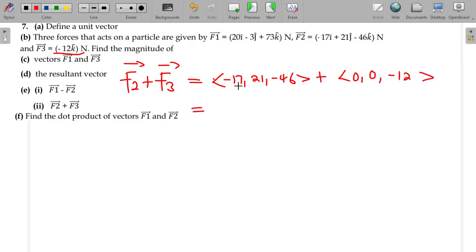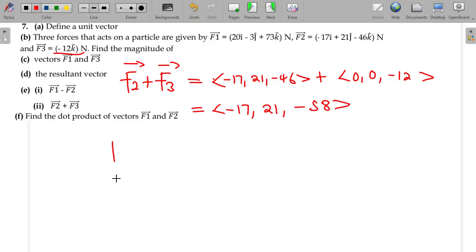So this will be minus 17 plus 0. I get minus 17. 21 plus 0, I get 21. Minus 46 plus minus 12, that will be minus 58.